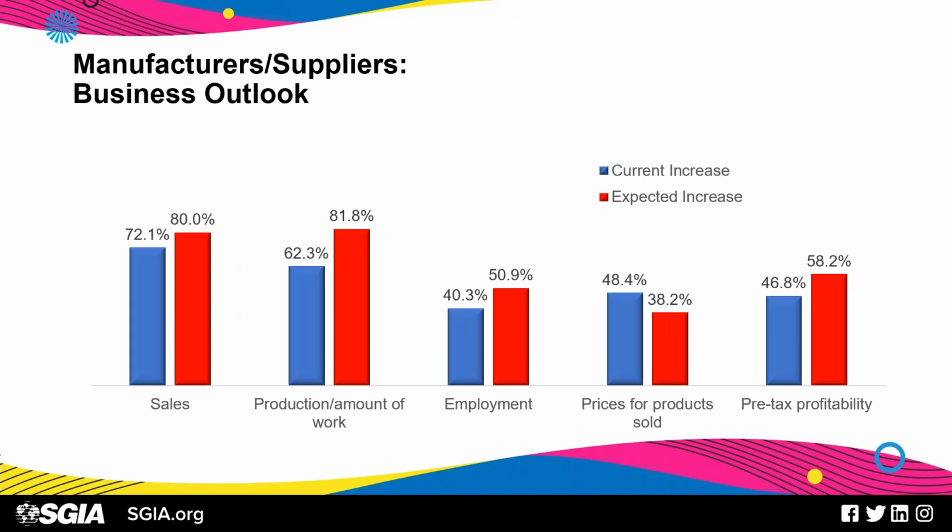Although sales and production are growing, employment is growing, and pre-tax profitability is growing, we can see that the expectations for prices are kind of negative. For the current year, the increase in prices was experienced by 48.4%, but in the future, only 38.2% expect an increase in prices for the products they sell.